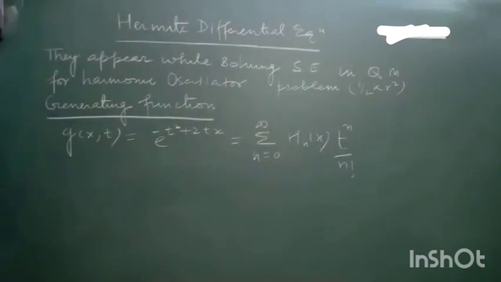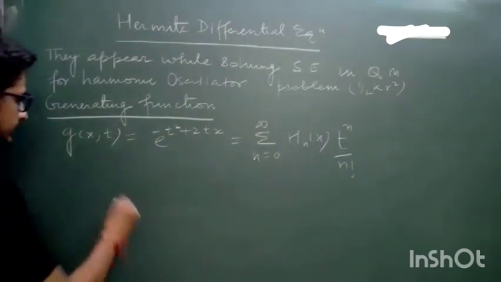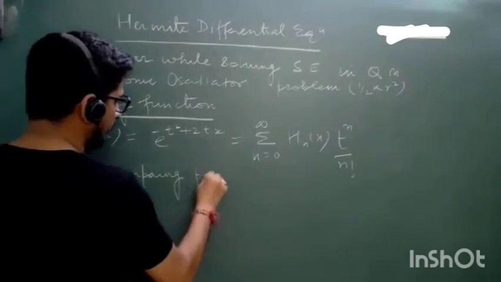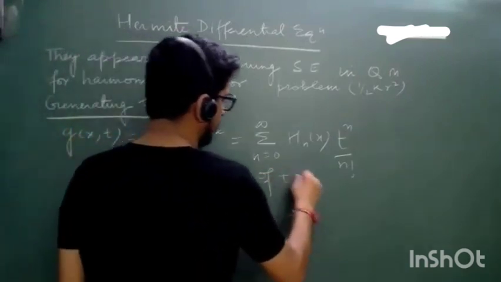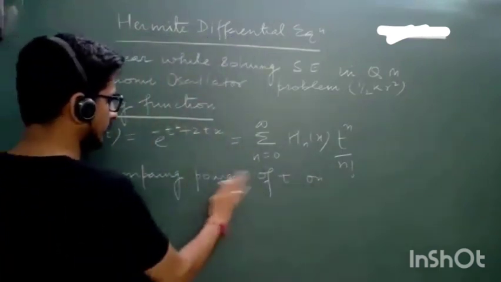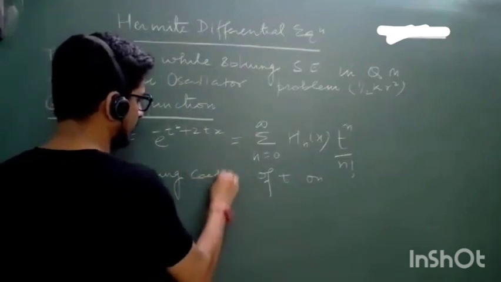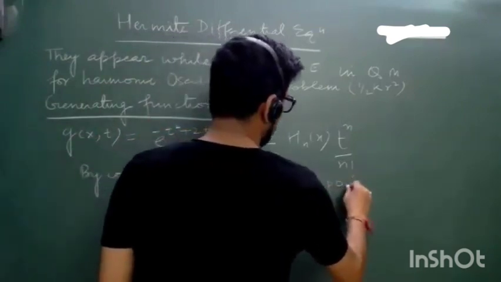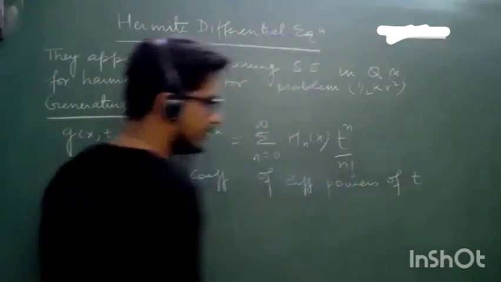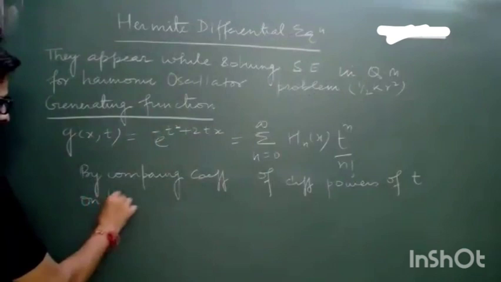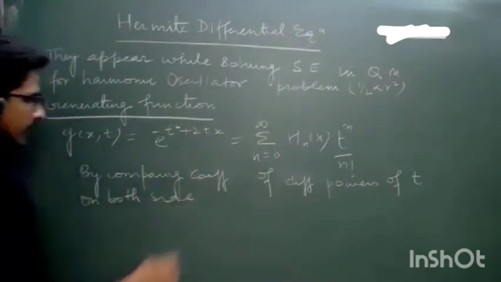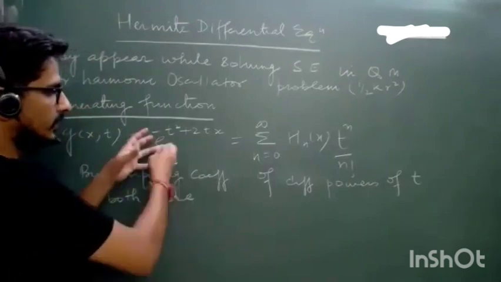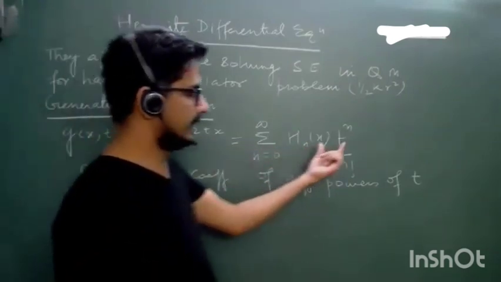So by comparing coefficients of different powers of t on both sides, you can see here it is exponential, so you can open it and then here you have t to the power n.